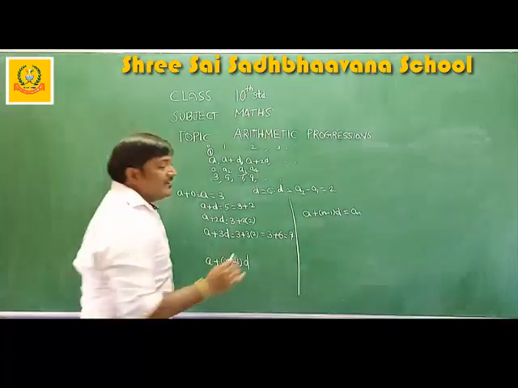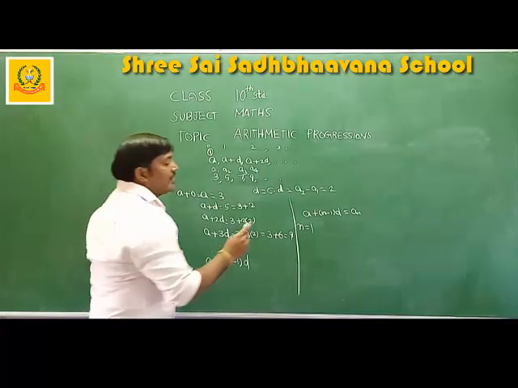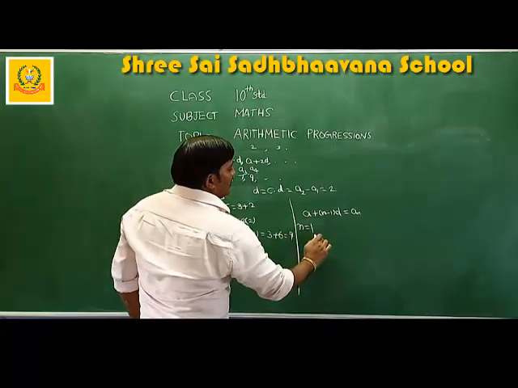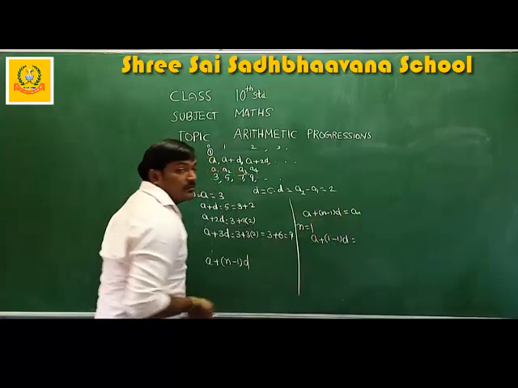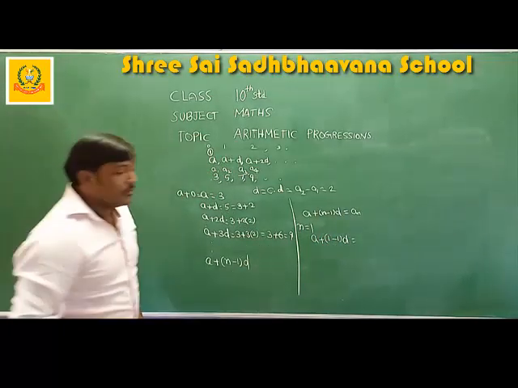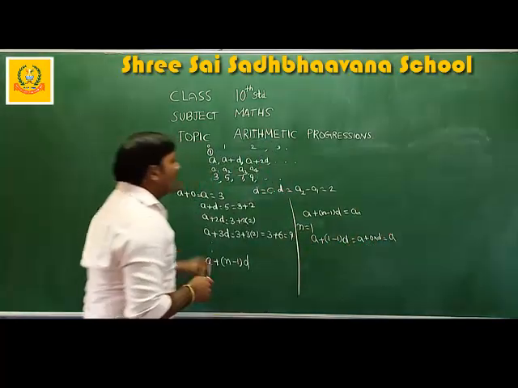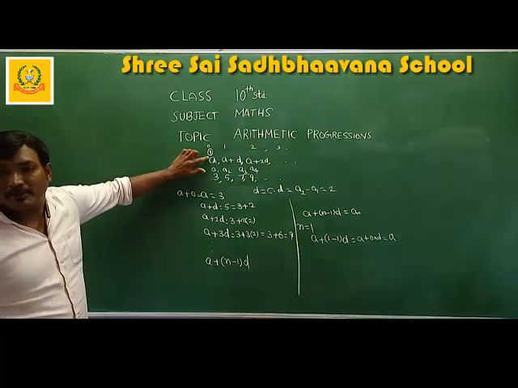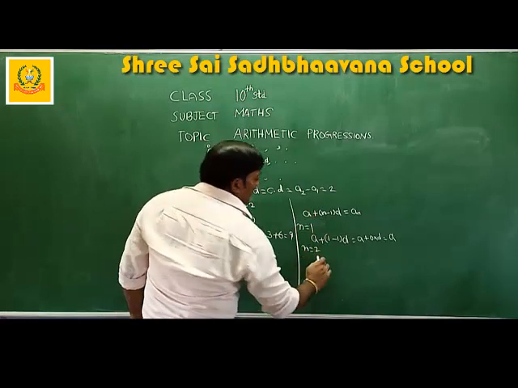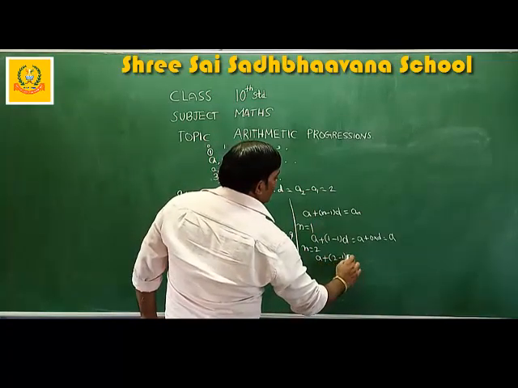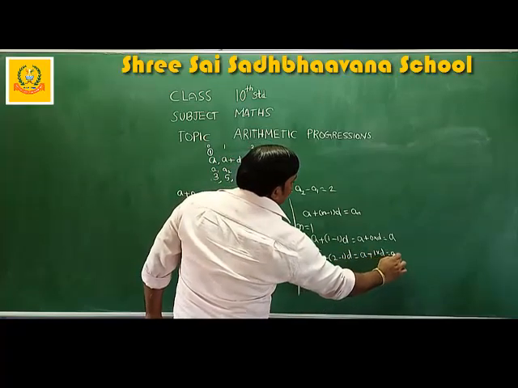So first I will consider n is equal to 1. If n is equal to 1, you will get a plus 1 minus 1 into d. What is 1 minus 1? 0. So a plus 0 into d, which is a. So we got a. Next, let us take n is equal to 2. So a plus 2 minus 1 into d, which is a plus d.